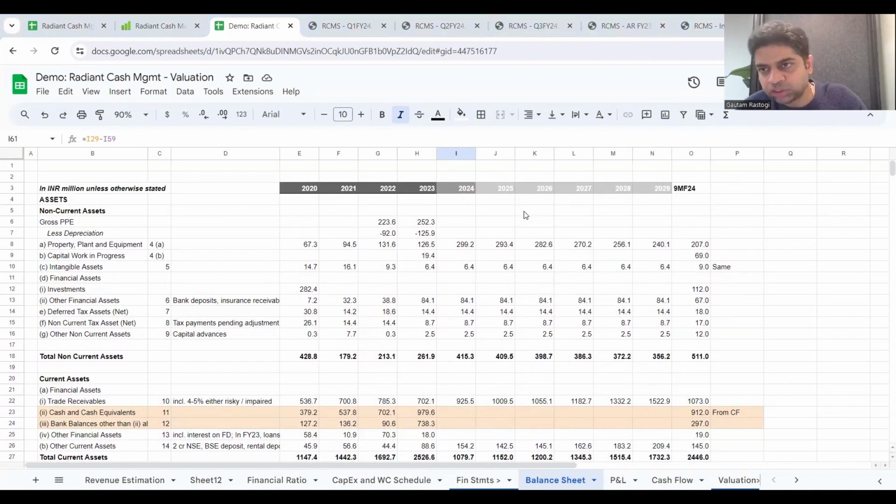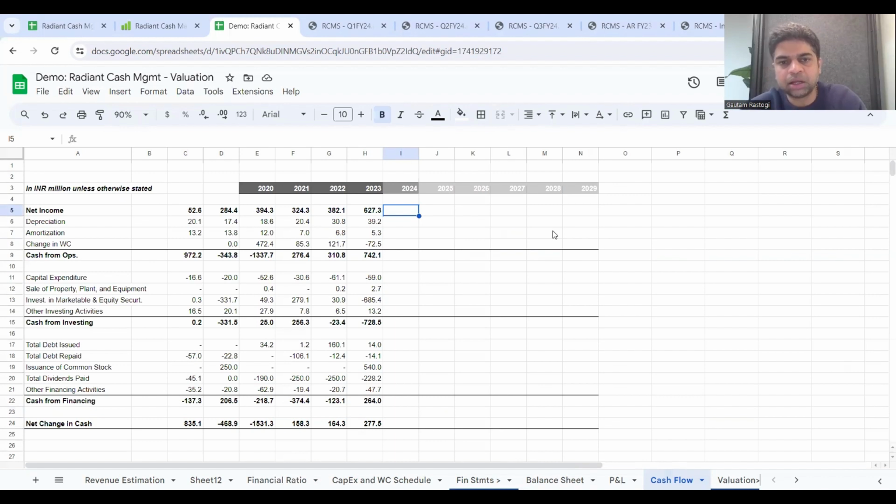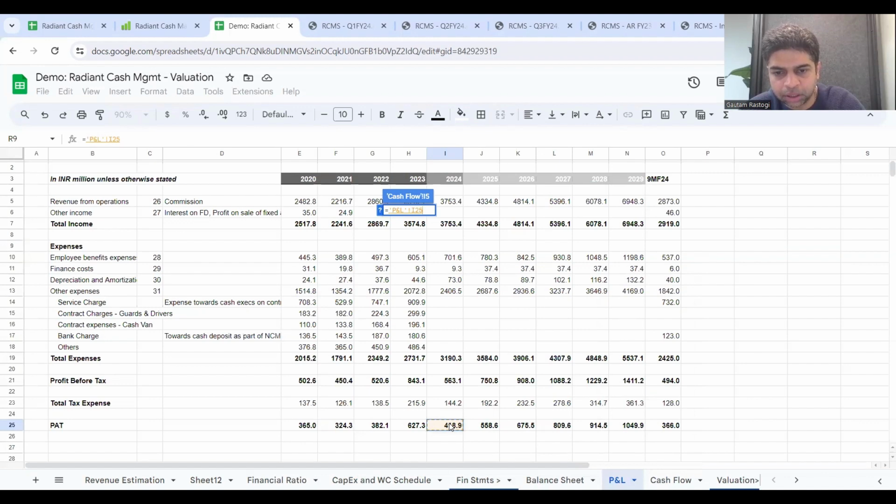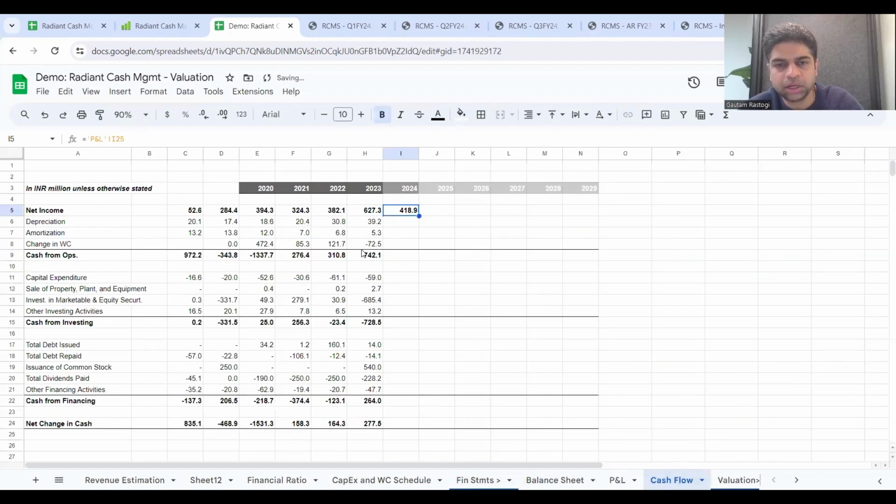Let's now model the cash flow. So for cash flow statement, for cash flow from operations, let's first pull the net income, आपका PAT. Let me drag it. Depreciation, we have the depreciation as well.